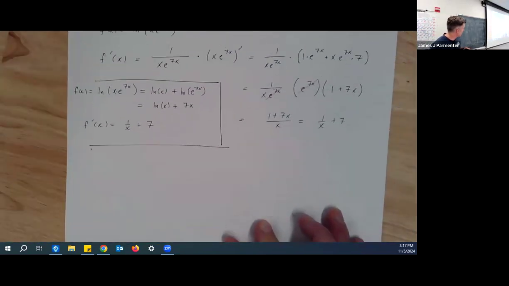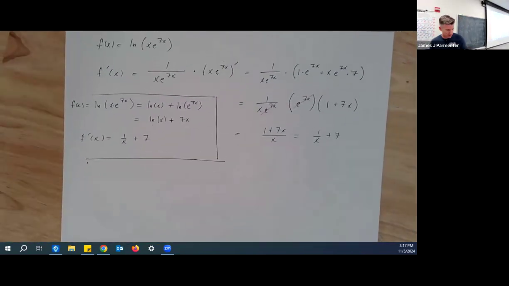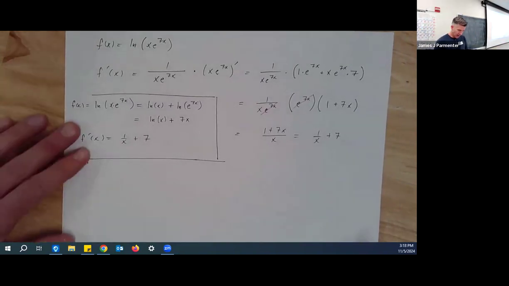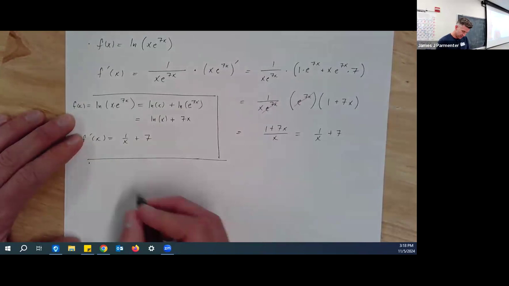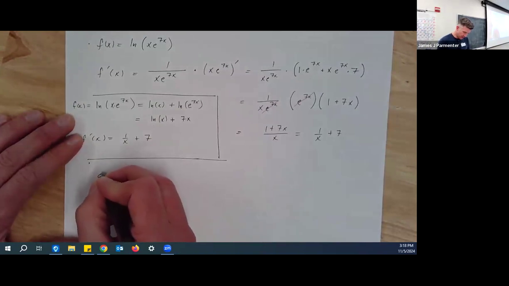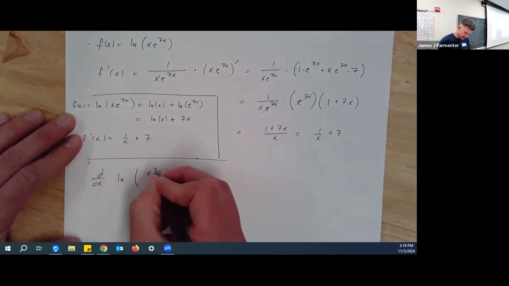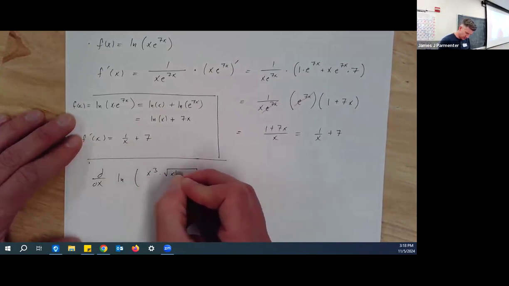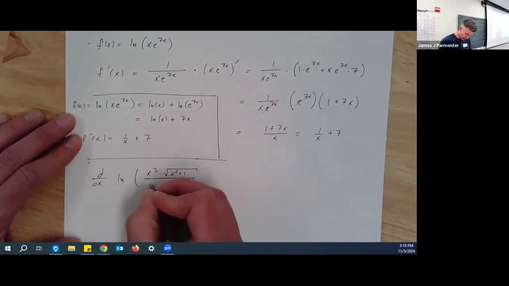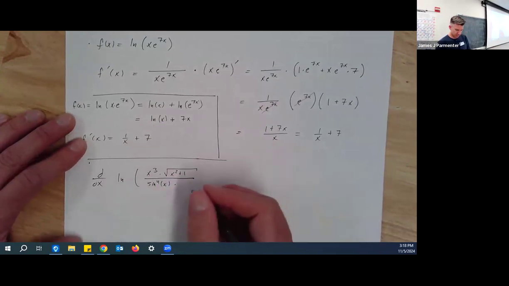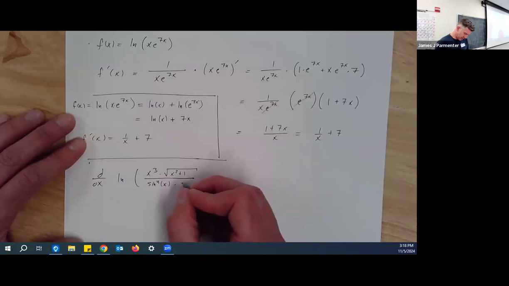And typically, at least when I have taught this class at other institutions, and I've asked questions like this on the first exam, I have typically asked something like, find the derivative of the natural log of something gross, like x cubed times the square root of x squared plus 1 over sine to the 4th of x times e to the x.